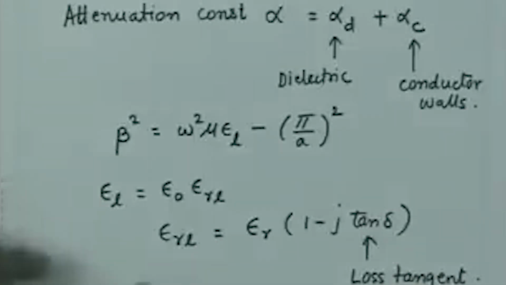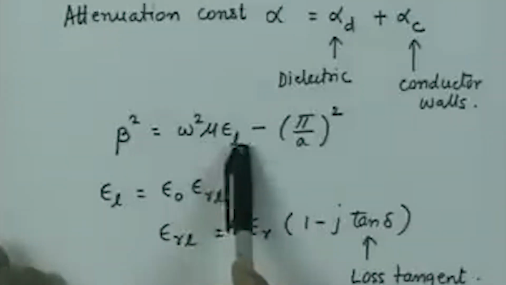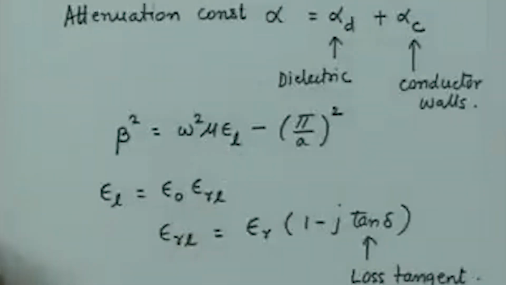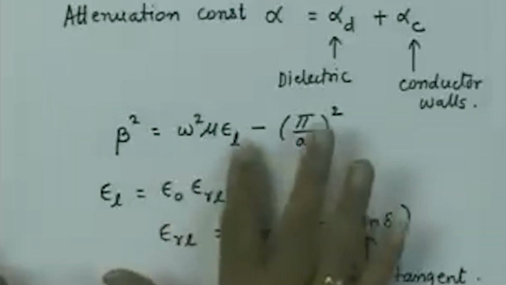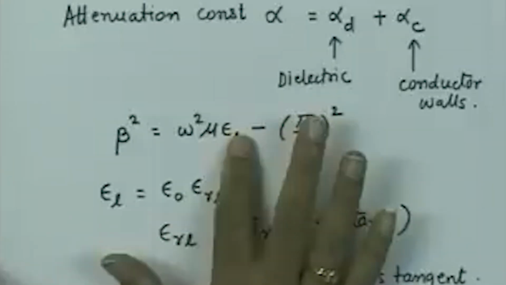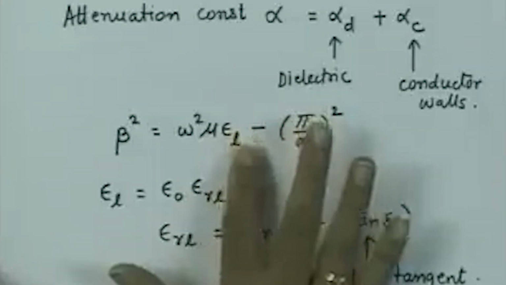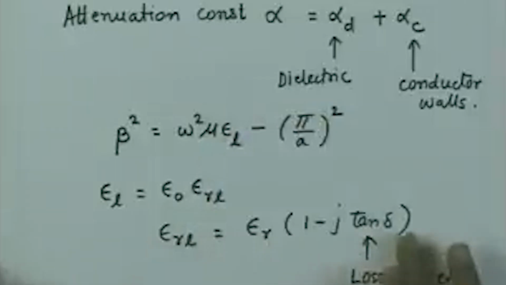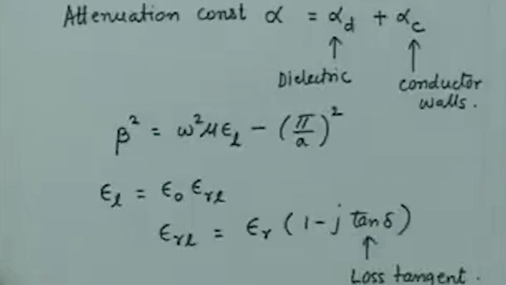What one can do now is we can just replace this epsilon L by this. If the medium was lossless, that was the dispersion relation where this was only epsilon. So, what we are doing is in the dispersion relation we simply replace epsilon by epsilon for lossy medium. We can write in terms of loss tangent, and tan delta generally is very small for low losses in the dielectric medium. Separate out real and imaginary parts and you get the attenuation constant for the waveguide.